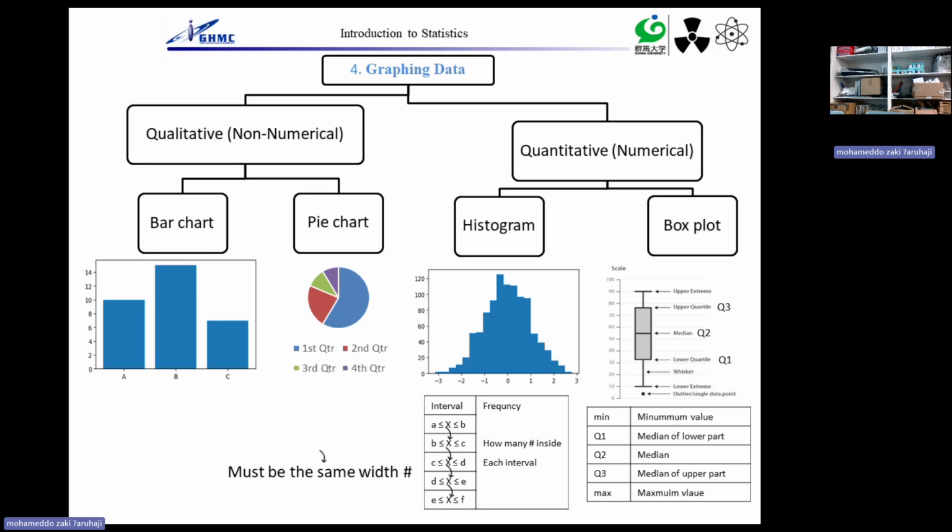Now your question is why this one is longer than this one? The answer is that it shows you how far your median is. How far is the median of quarter one from your minimum value? And from here to here, how far is the median of quarter three from the maximum value?